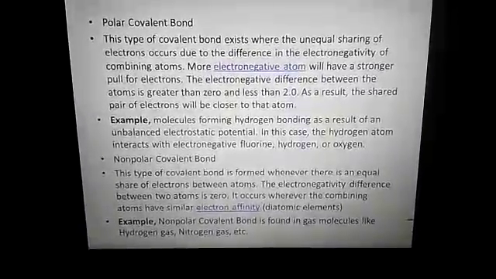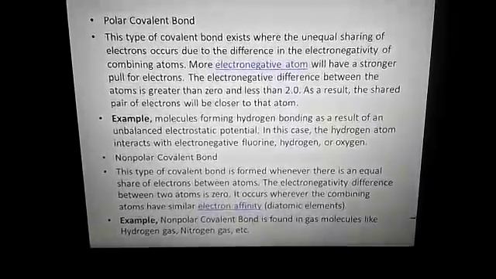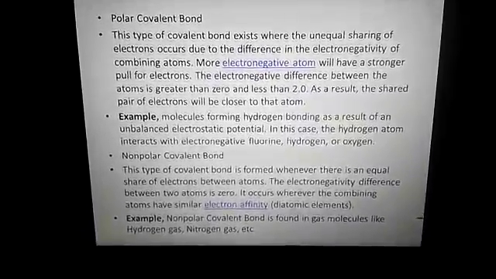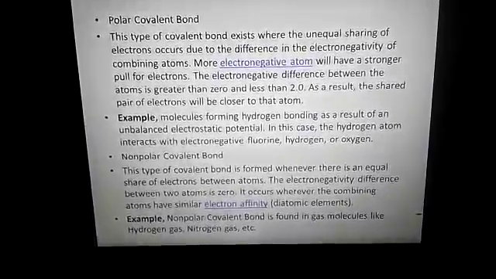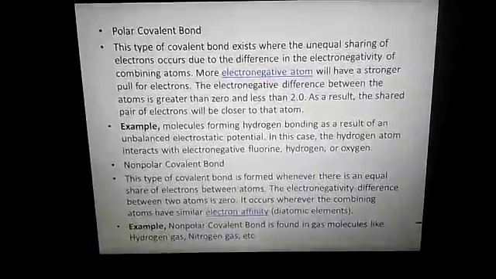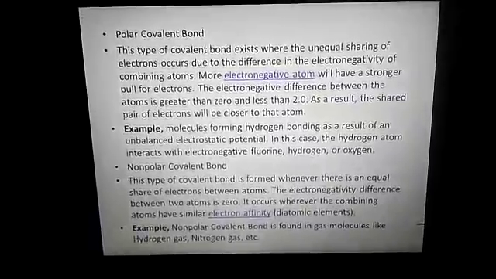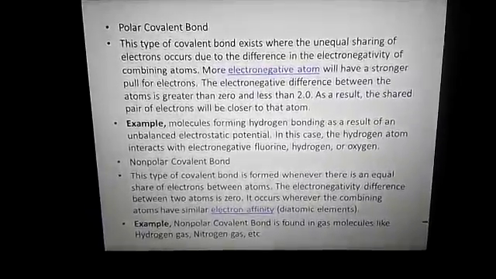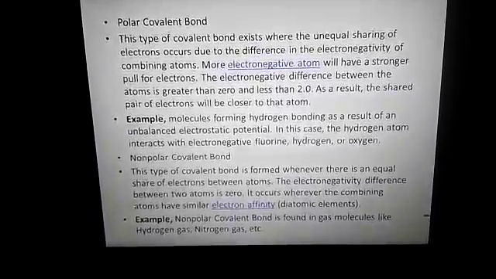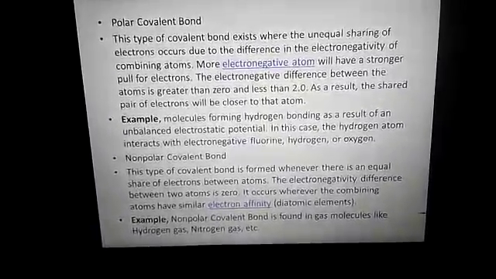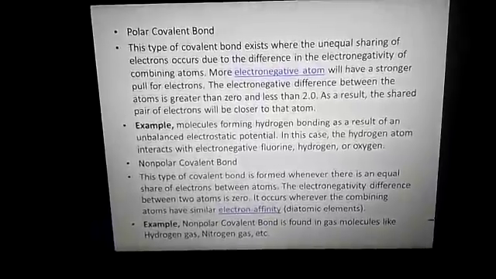Next is the non-polar covalent bond. A covalent bond is non-polar when the shared pair of electrons is equally distributed. In a polar covalent bond, the pair of electrons is not equally distributed, that is, unequal sharing of electrons.